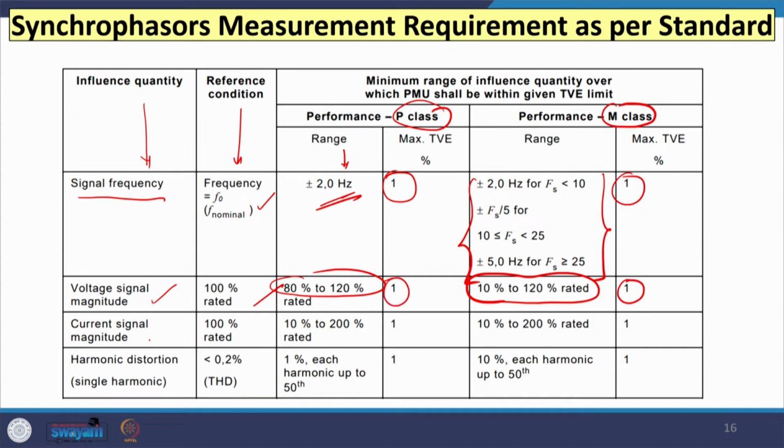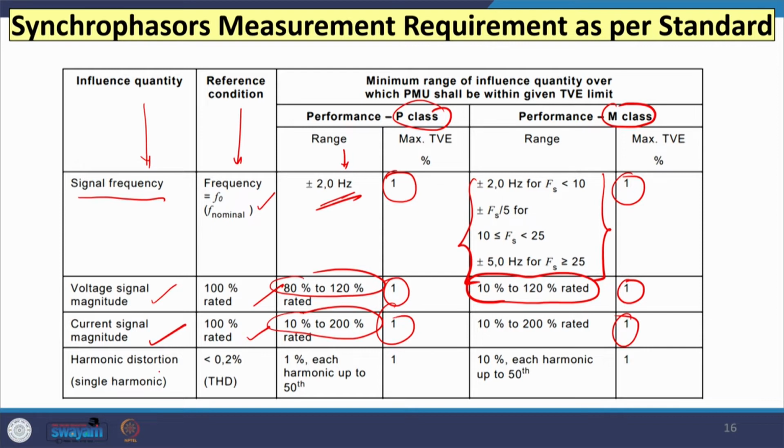If I consider the current signal with the rated value, then 10 to 200% of the rated value is available for the same 1% TVE, and similarly for M-class PMU the same range, 10 to 200%, is there. So both are the same.